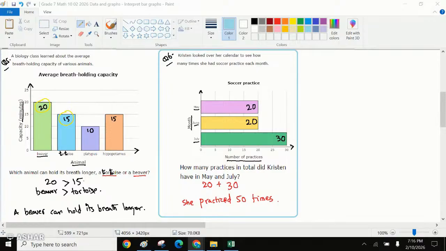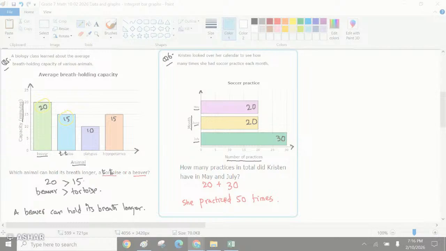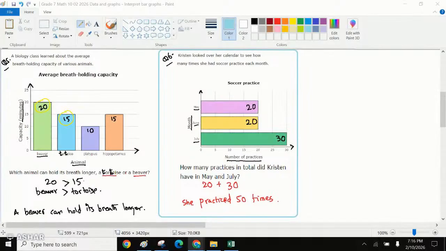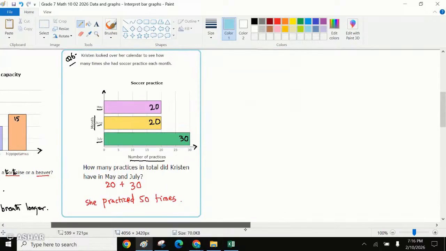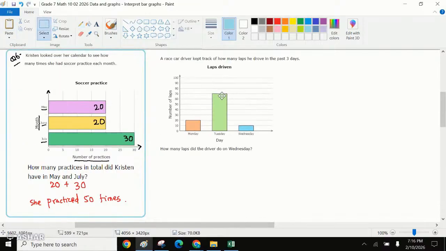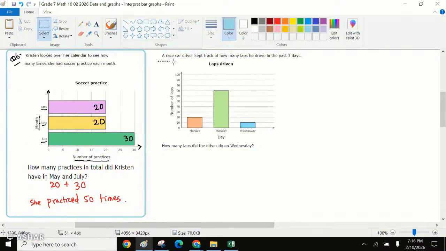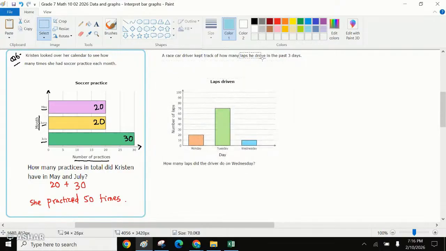The next question says, okay, let's compare. A race car driver is keeping a record of the laps, the time lapse, okay? How many laps did he drive in the last 3 days?